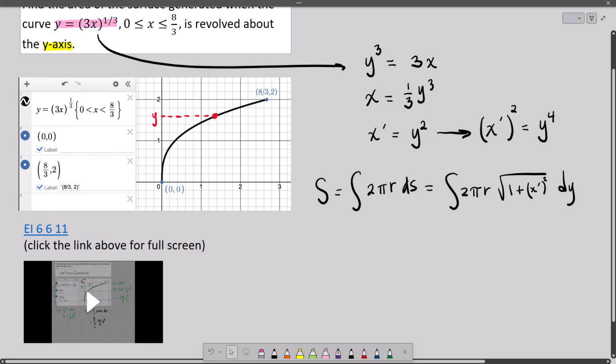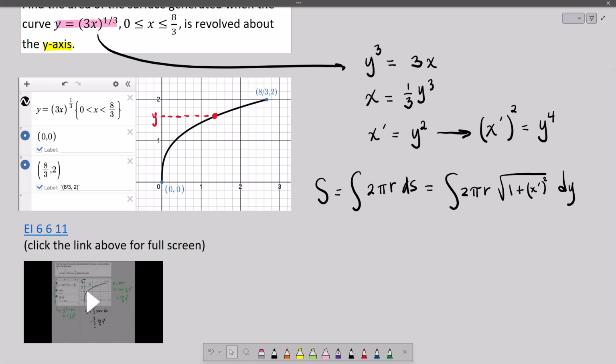So if we have a dy, we need y limits of integration. They've given us an x interval, so we are going to need to convert that. So we're going to have our 2 pi r ds, but we're going to have to find y limits there. And from the picture, it's pretty obvious that the y limits are 0 and 2.